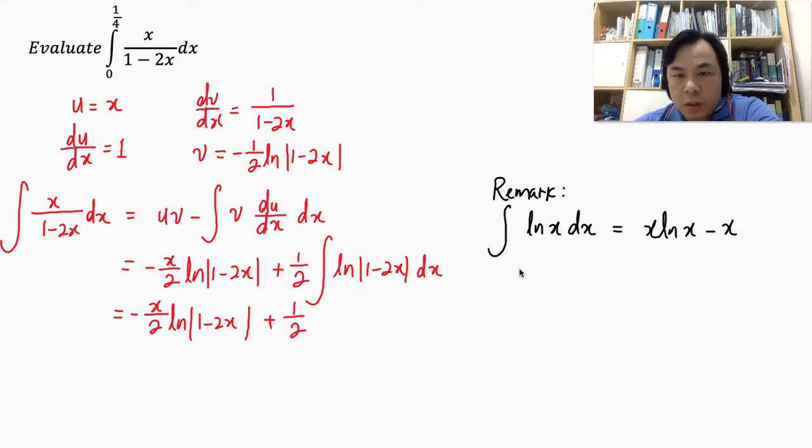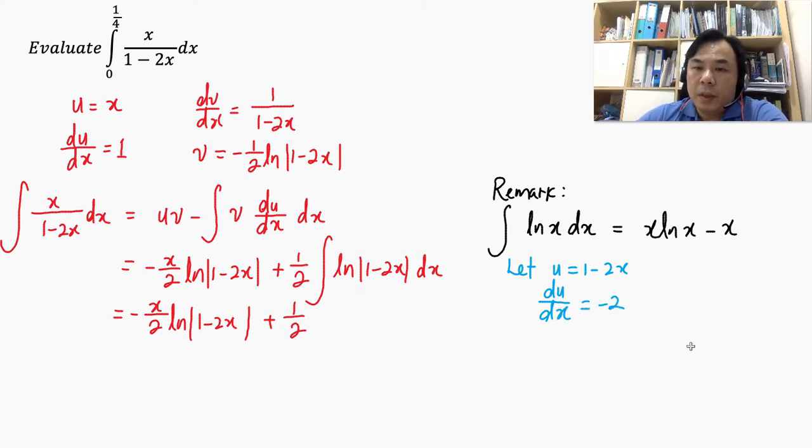So in this case, I will let my u equal to 1 minus 2x, and then therefore du dx is equal to -2. Indirectly it's very much the same as before, so dx will be du over -2. And then all I need to do is just substitute all this into here.